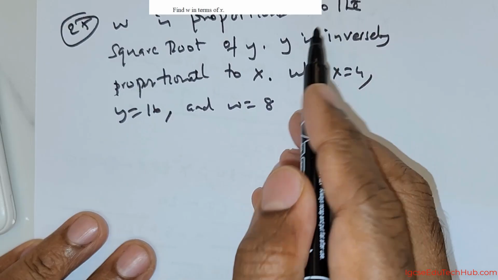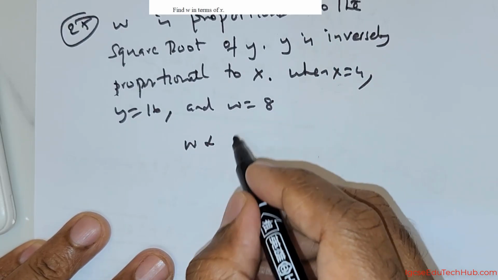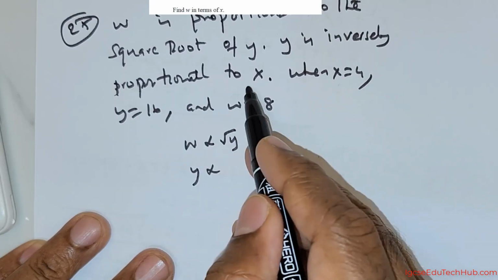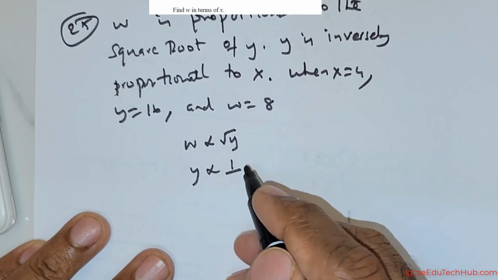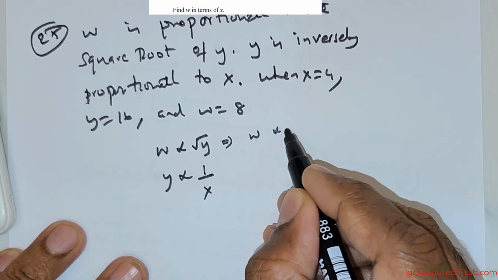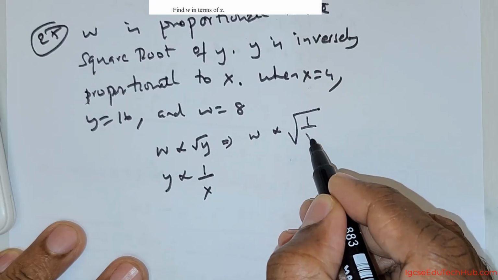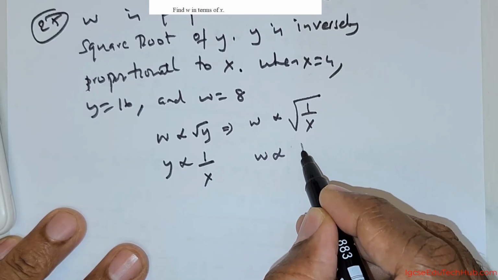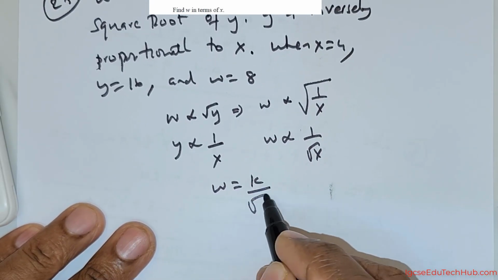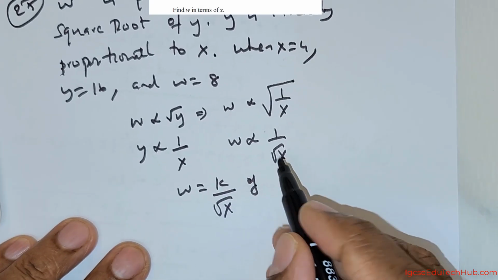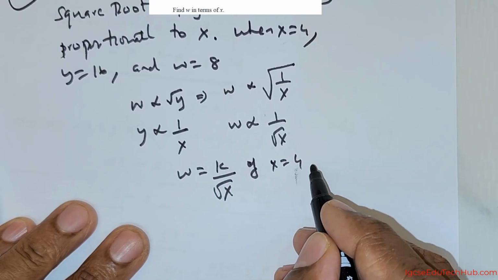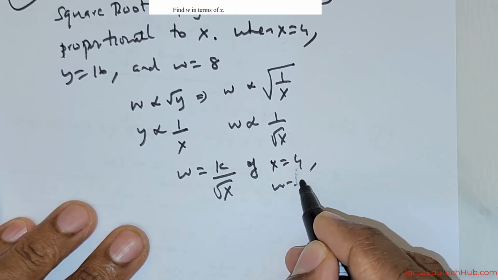So students, W is proportional to the square root of y, and y is inversely proportional to x. So this means W is proportional to the root of 1 over x, which means W is proportional to 1 over root of x, which means W is equal to k over root of x. So when x is equal to 4, we got W is equal to 8.